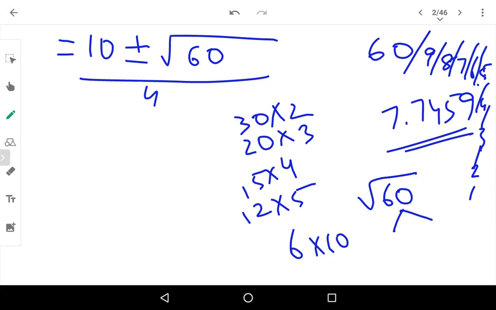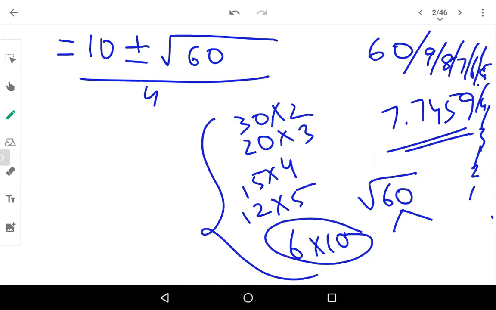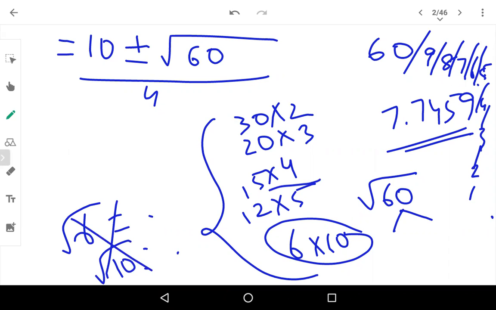Now if you see, we have so many factors for 60. Till 2 is fine, one is not required. Correct, Rida? One of the factors should be a square. Now let us see. 6 into 10, can you find square root of any of these numbers? Square root of 6 you'll get points, square root of 10 also you'll get points. Not possible. 12 into 5 also not possible, because square root of 12 and square root of 5 you get points again. 20 into 3 you get points, right?